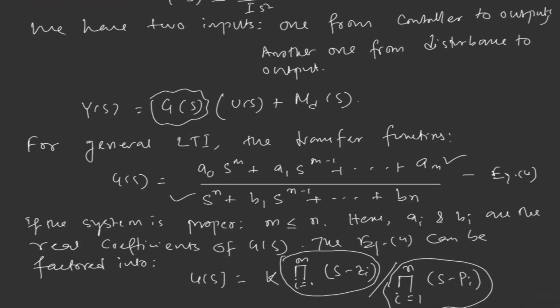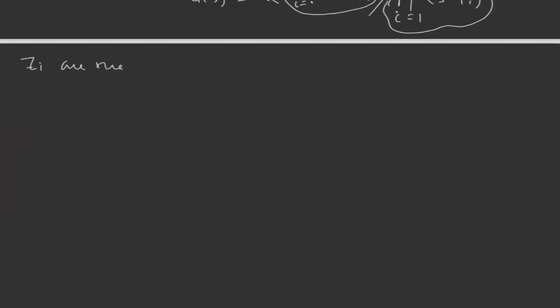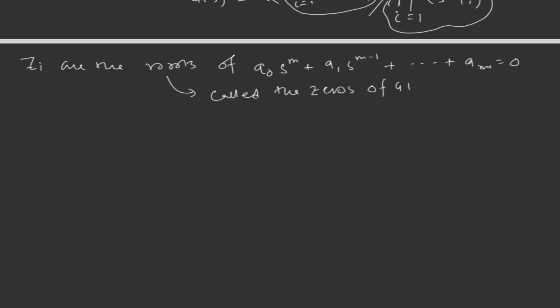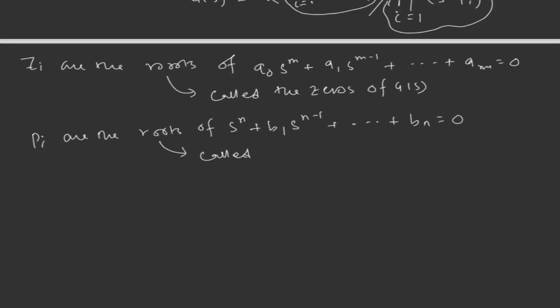So here z_i are the roots of a naught s to the m plus a1 s to the m minus 1 plus dot dot dot plus a_m equal to 0, and these roots are called the zeros of G(s), and p_i are the roots of s to the n plus b1 s to the n minus 1 dot dot dot plus b_n equal to 0, and these roots are called the poles of G(s).